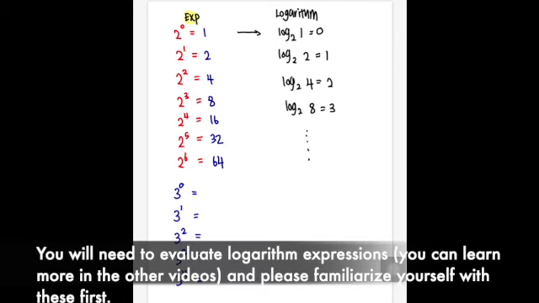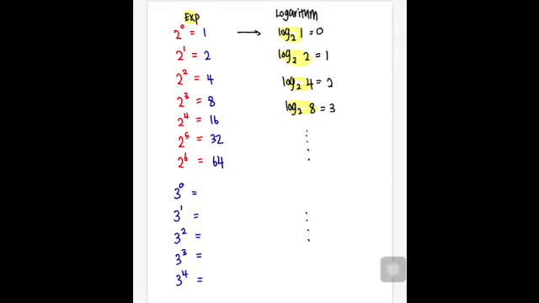You realize there's a pattern. Most of the time you'll be asked to evaluate all these values, so please make sure that you are able to do this, or otherwise you can view my other video on evaluating logarithm expressions to familiarize yourself with it. You can try the remaining examples as further practice to get the hang of it.